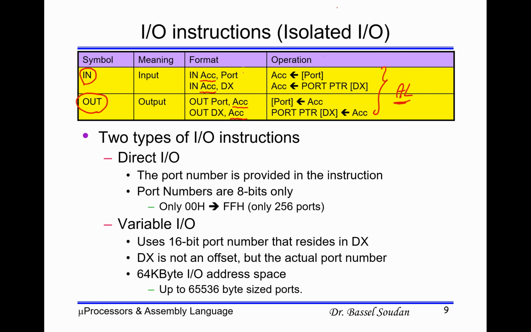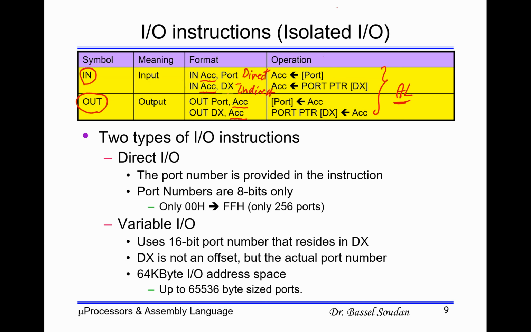Now we have two ways to indicate the address or the port for the input output. We can specify the port directly. So the addressing modes for the ports are: we have the direct addressing mode, and we have the indirect. Only two addressing modes are permissible for the input output instructions, either direct or indirect.